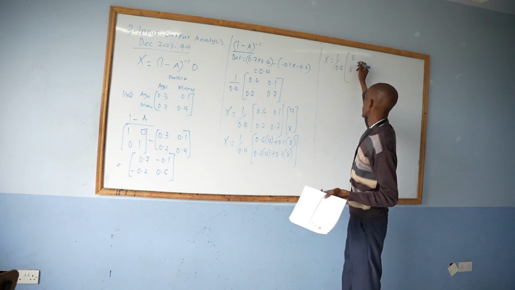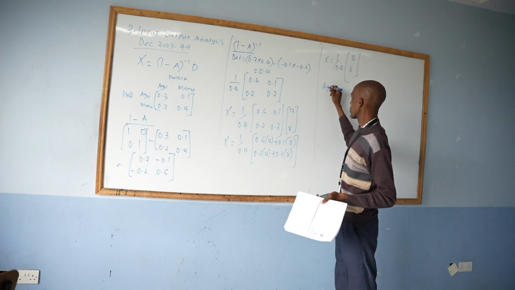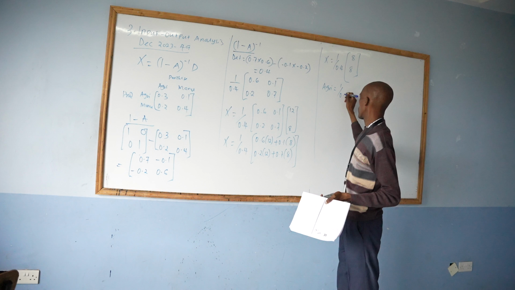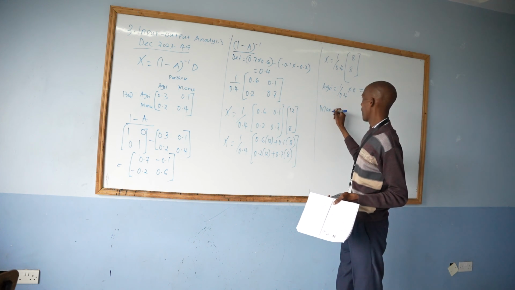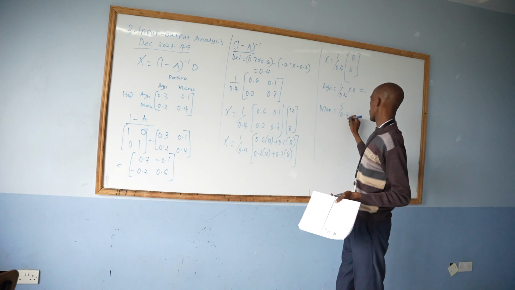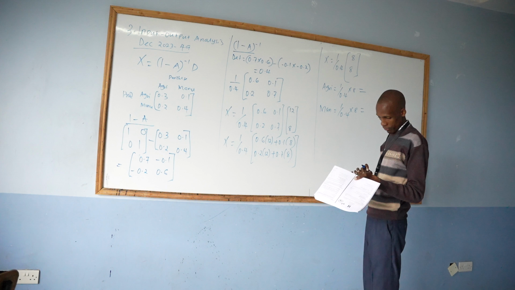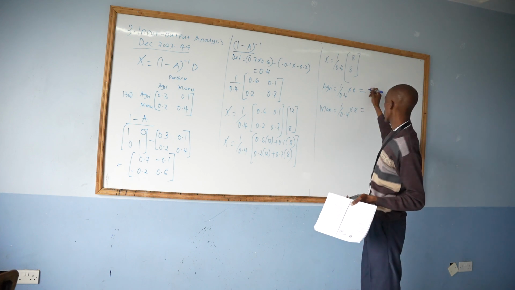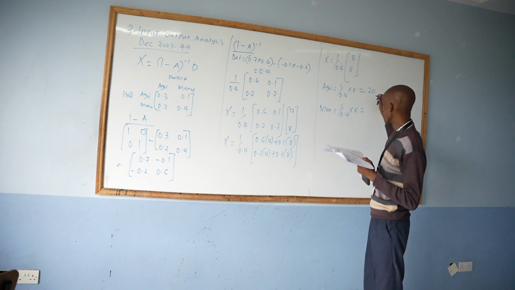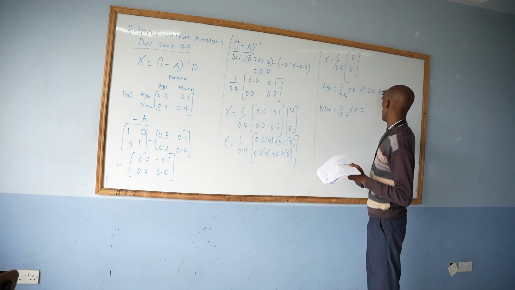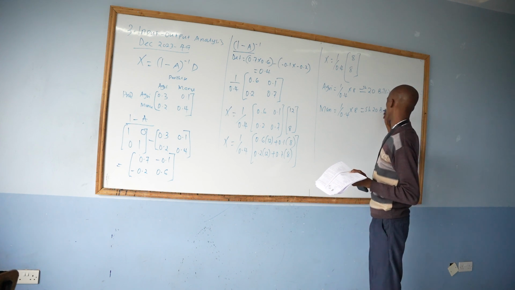You get 8. So now x1, agriculture, which is the first one, is 1 over 0.4 times 8, and manufacturing is also 1 over 0.4 times 8. They will be the same. So in the long run, the new demand will be 20 billion for this one and 20 billion for this one.